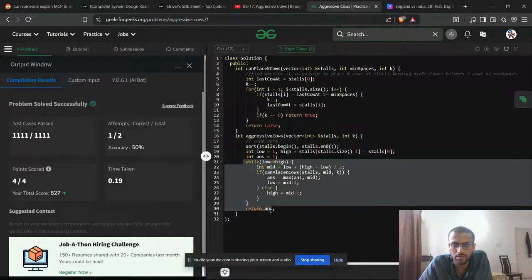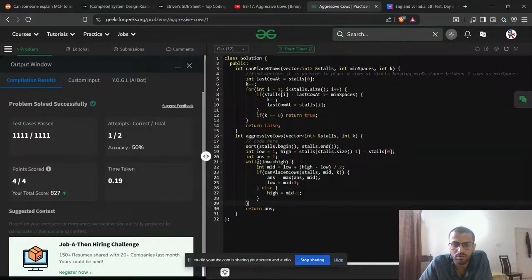Then I am doing this search over the space of order log of max minus min, the max difference. And every time I am doing can I place k cows, how am I doing it? Order of n.